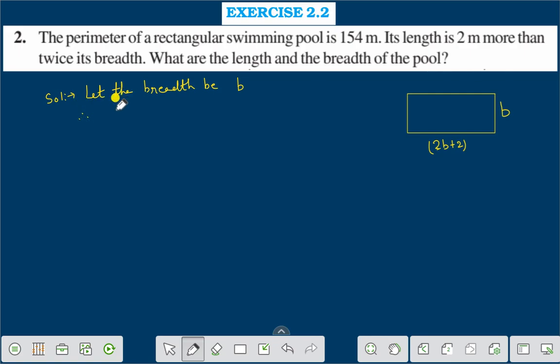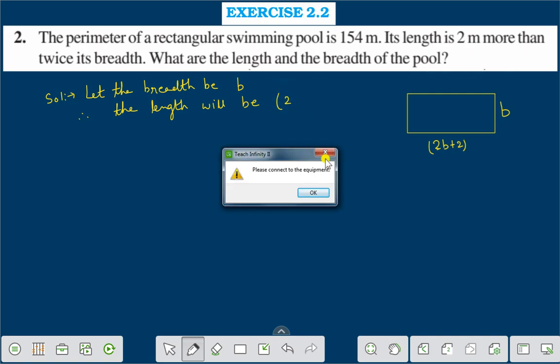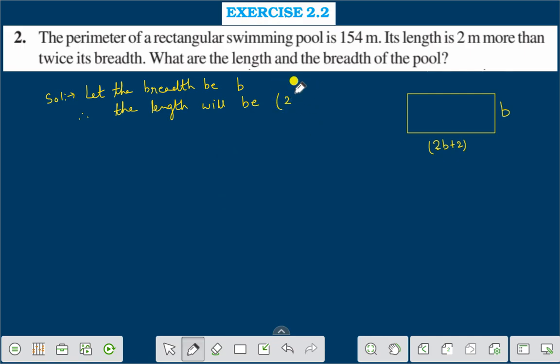Therefore, the length will be, according to the question, 2b plus 2.